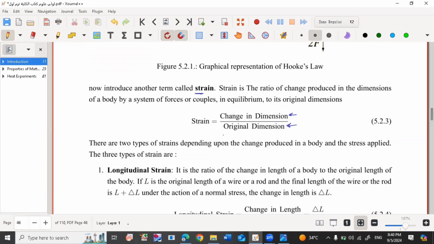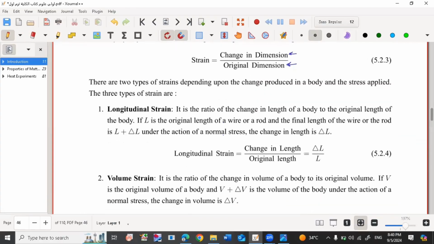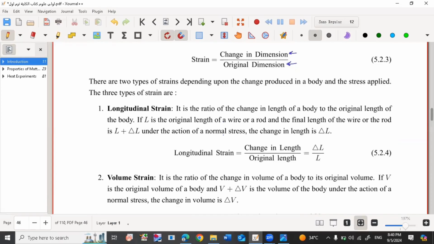If this dimension is longitudinal, this means a longitudinal strain, so it will be delta L over L, like here. So delta L is the change in the length, and L is the original length. So what if it's a volume strain?